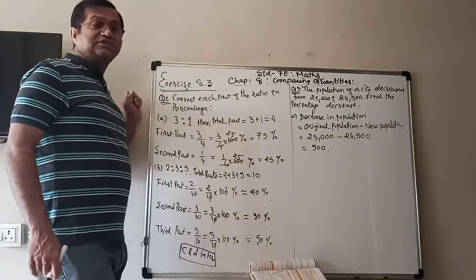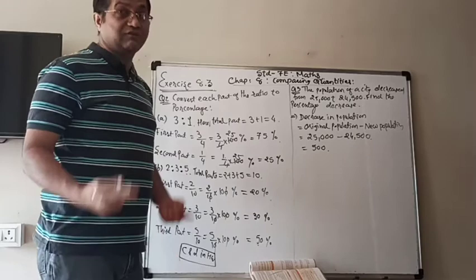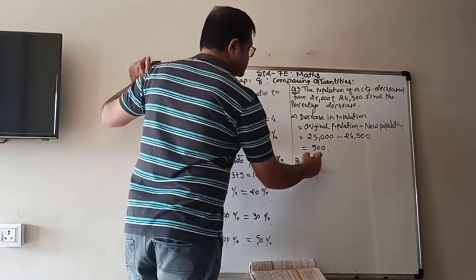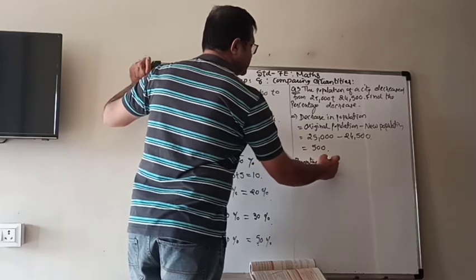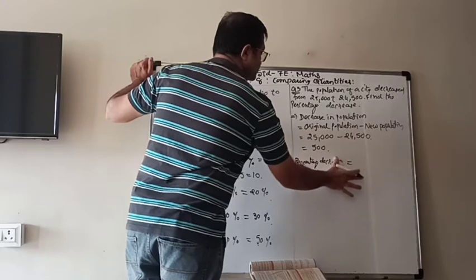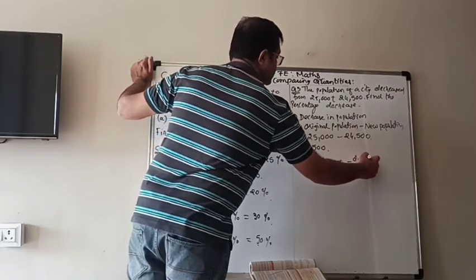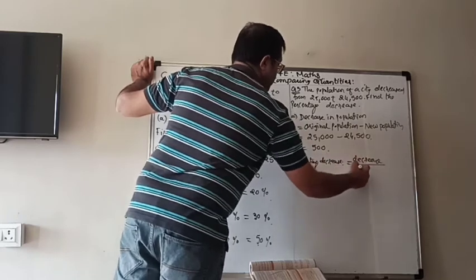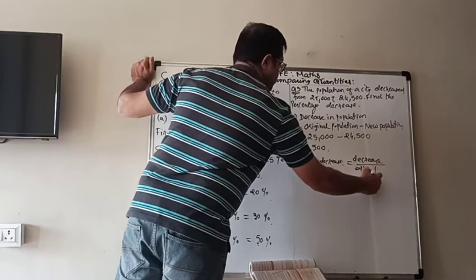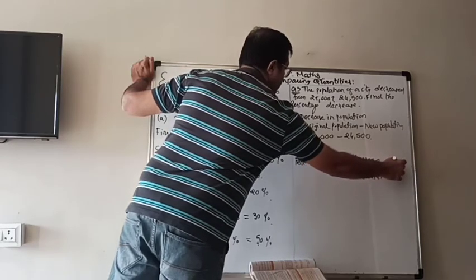But this is only the decrease. We have to find the percentage decrease, and we know the formula. So percentage decrease is equal to decrease upon original population multiplied by 100%.